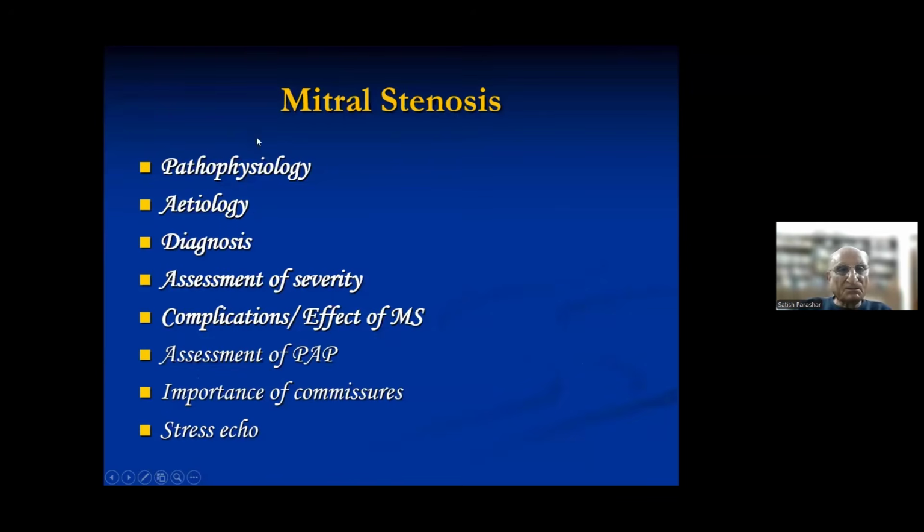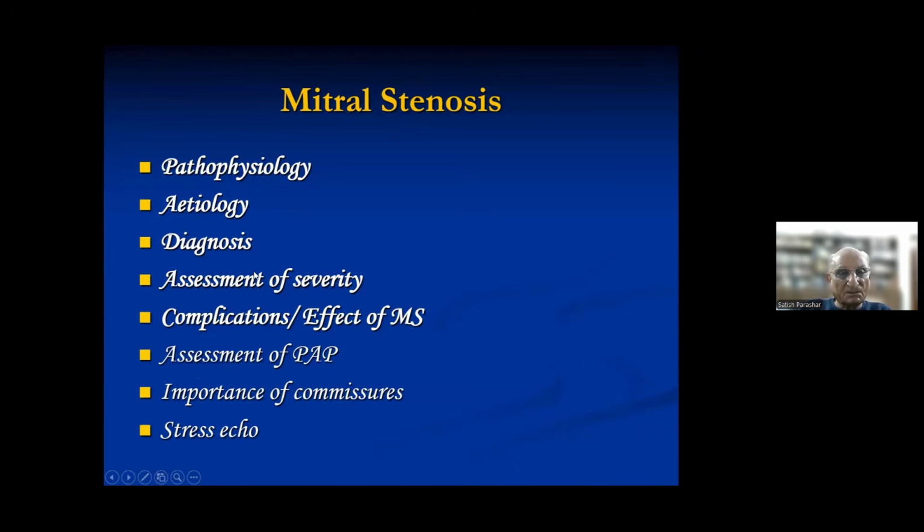So you have got the pathophysiology, etiology, rheumatic, diagnosis both by 2D and by thickness and by doming, severity by 2D echo and by the mitral valve area. As a last resort, a gradient: they say that severe means a gradient of more than 10 millimeters of mercury.